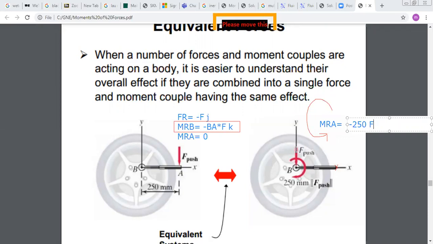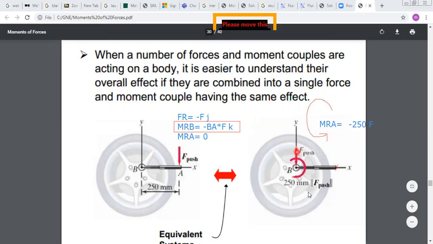Now, what about the moment of force F? What is the moment created by force F about A? If you take the figure here, and this is point A, F is trying to rotate in the counterclockwise direction about A. And the magnitude of the moment is F times the distance AB.